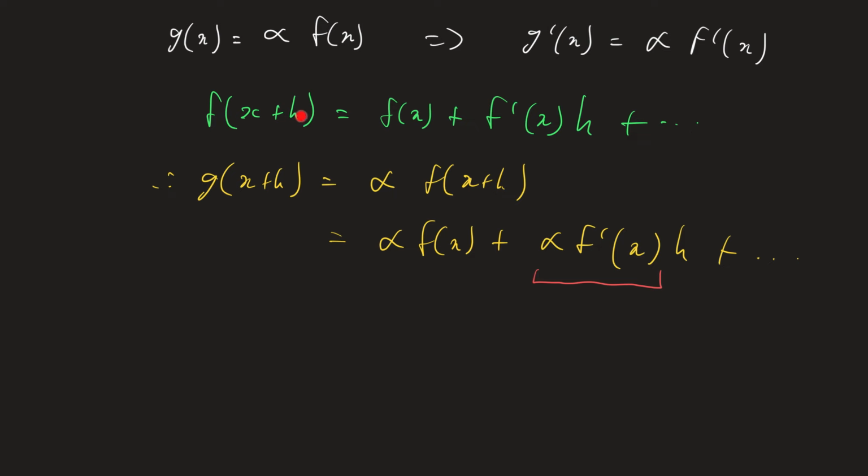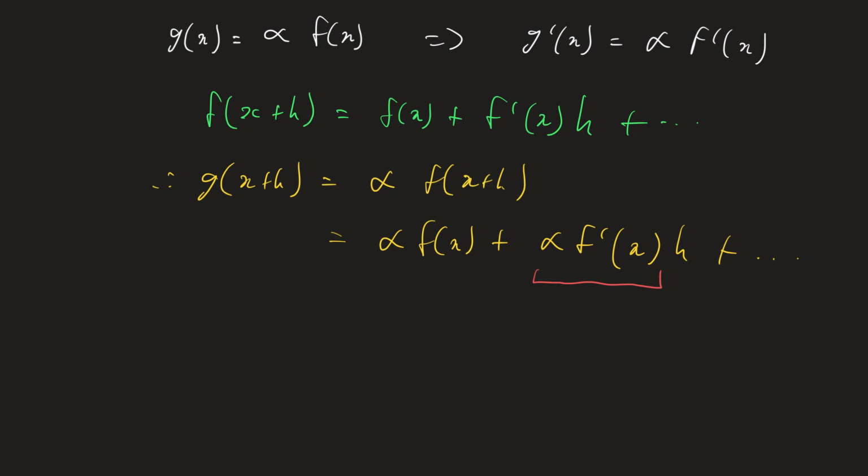f of x plus h is equal to f of x plus the derivative of f at x times h plus higher order terms. So g of x plus h is just alpha times this Taylor series expansion here. So alpha times f of x plus alpha times f prime x times h. And the constant in front of h is simply the derivative, thus proving this result here.